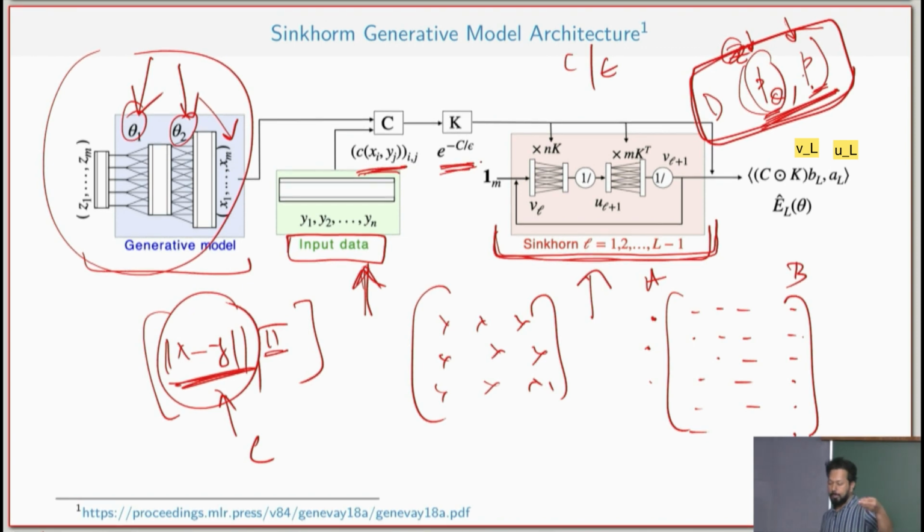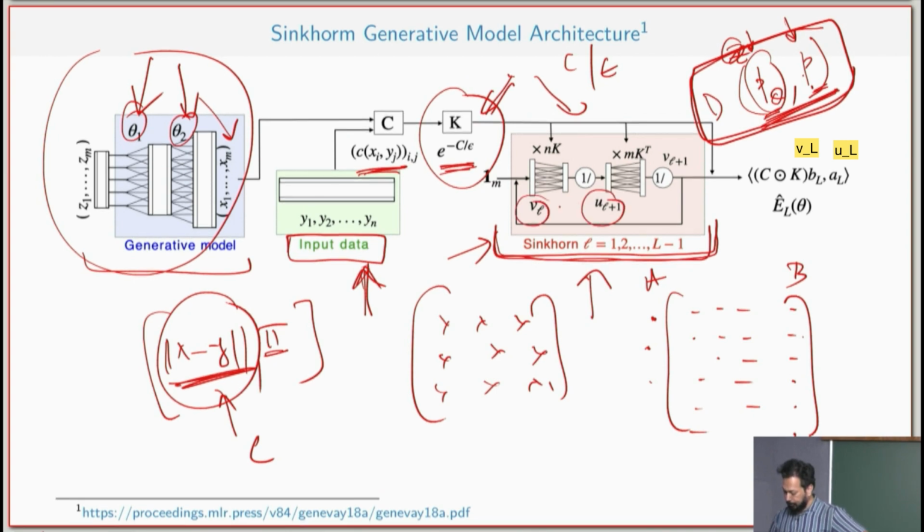We went to the K Lagrangians, and we created this Gibbs distribution, and somehow it's related to the OT. This part we have already done, so the intuition can be found from there. Once we have this, essentially we just have to run Sinkhorn, the matrix scaling type algorithm, to update U_l and V_l.